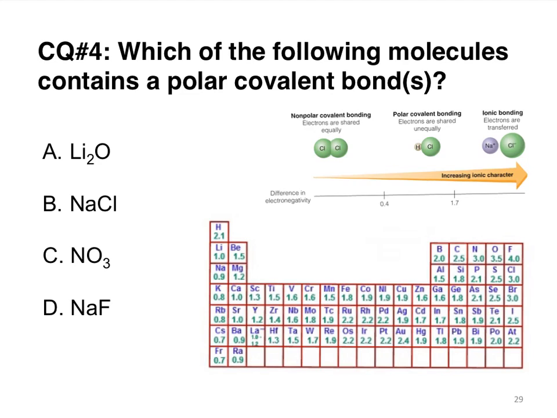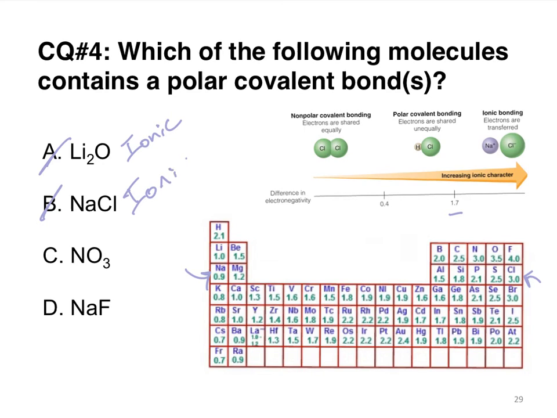So when we take a look at this, we can see that lithium oxide is ionic. Sodium chloride: sodium 0.9, chloride 3.0, the difference is 2.1, much bigger than 1.7, ionic.